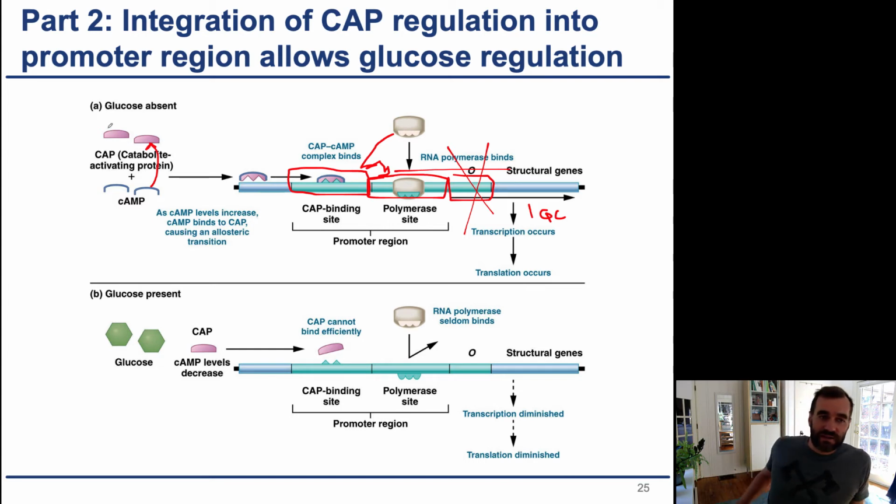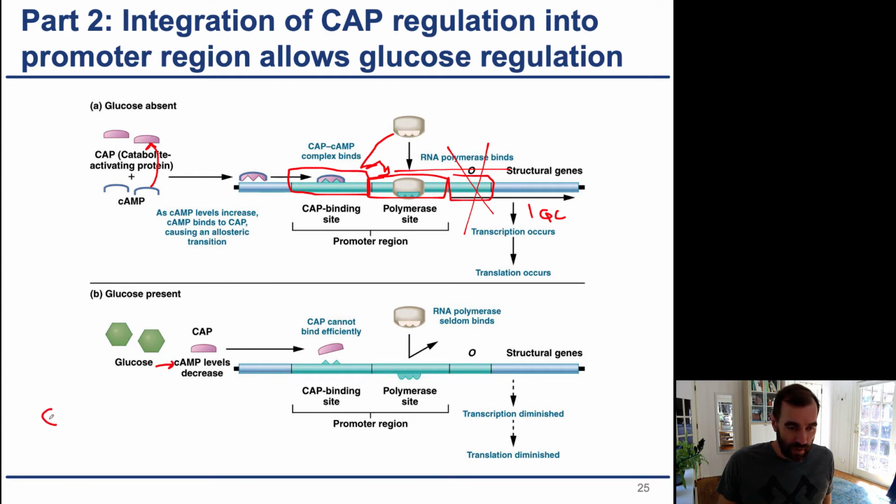So in this case, this is a regulation of glucose present versus glucose not present. Glucose does not bind to CAP, but the presence of glucose leads to a decrease in the cyclic AMP levels.